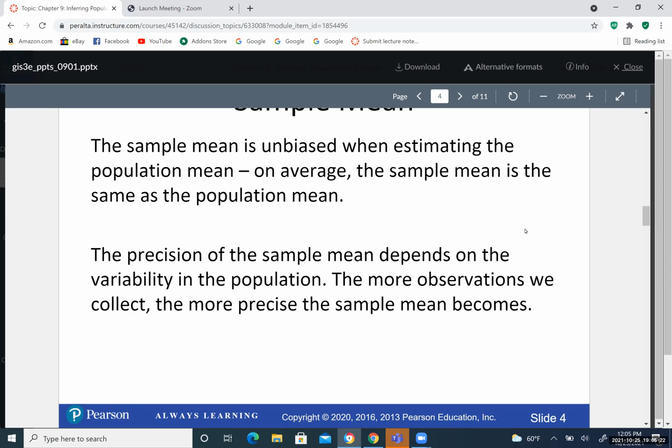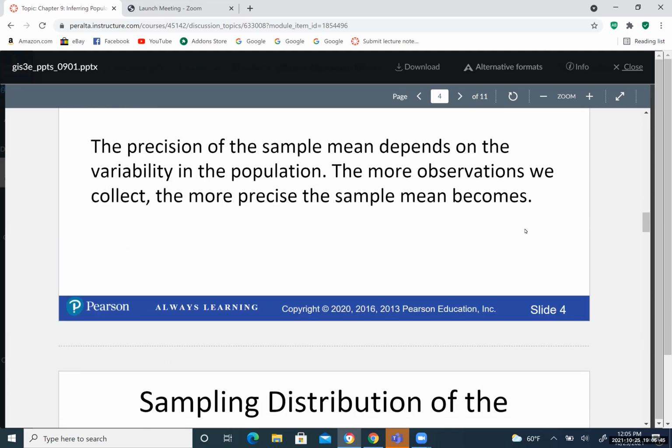Sometimes they did it for us already. They give you a value for standard deviation, so you just use that to compute directly and make decisions. The more observations we collect, the more precise the sample mean becomes. That's true, right?